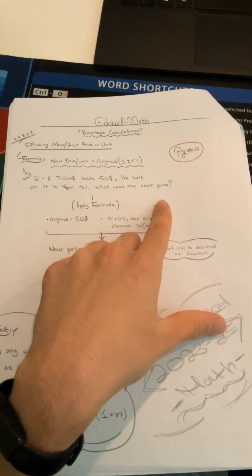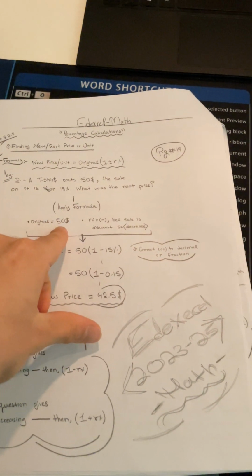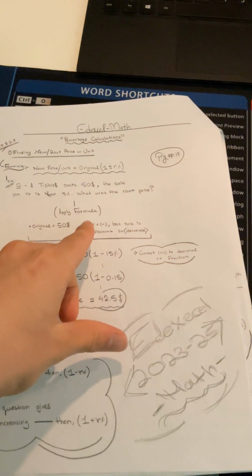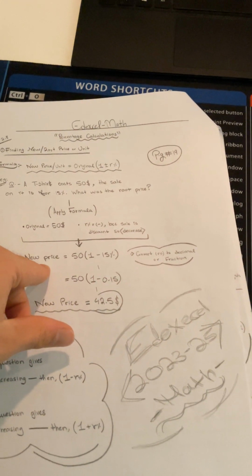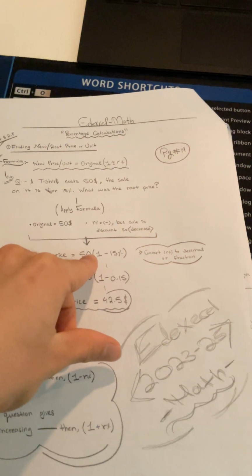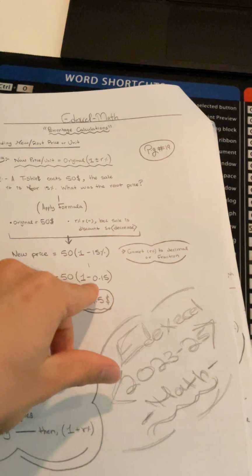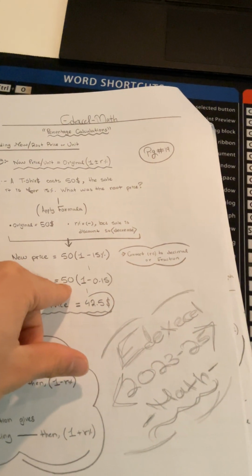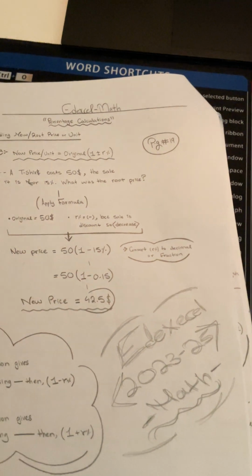What is the new price? We know the original price was $50. A sale means a depreciation of 15% has been applied. So the new price will be 50 times 1 minus 15%. Convert the 15 to a decimal, subtract it from 1, multiply it by 50, and $42.5 is your answer, which is the new price.